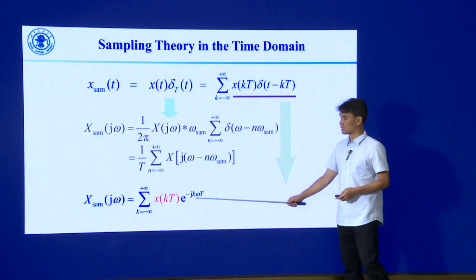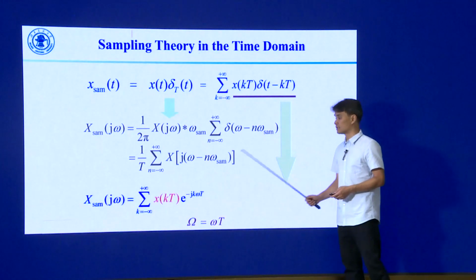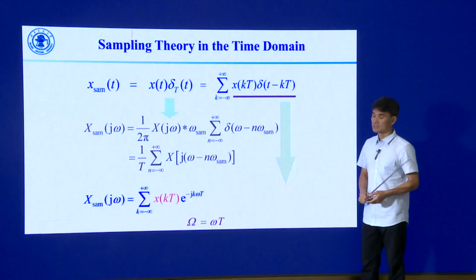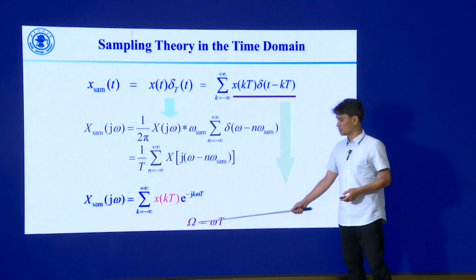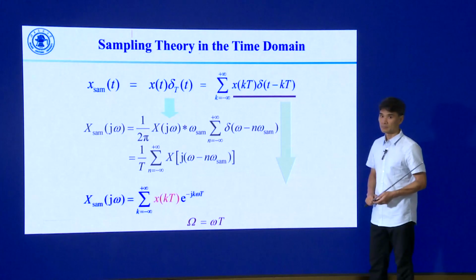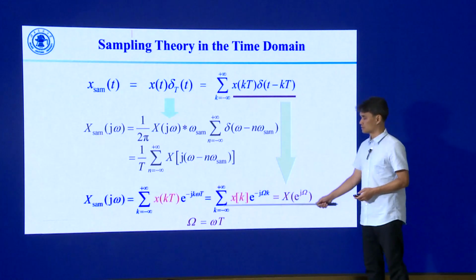So this will be the Fourier transform. We can rewrite it in a different format by substituting omega times capital T by capital Omega. Then this part will be equal to this summation.